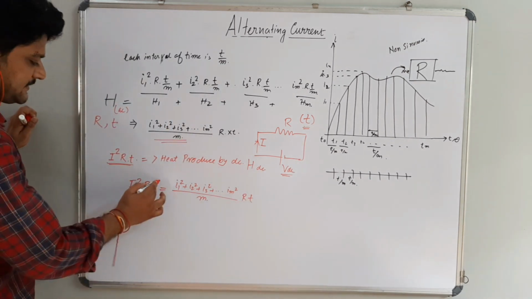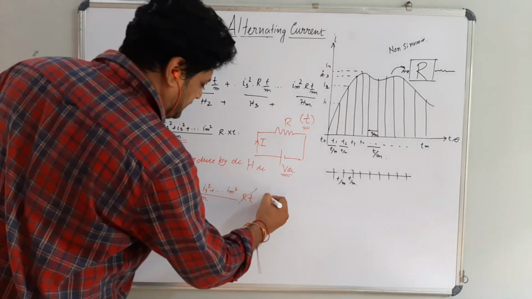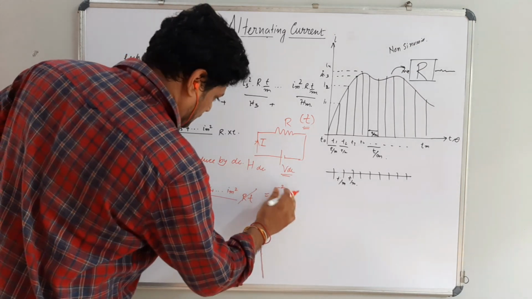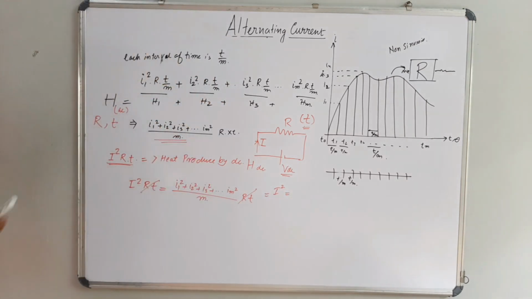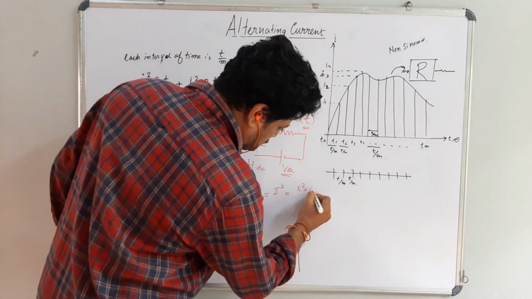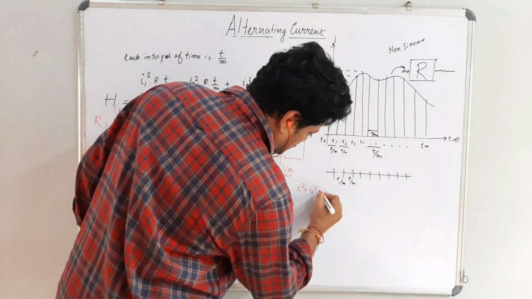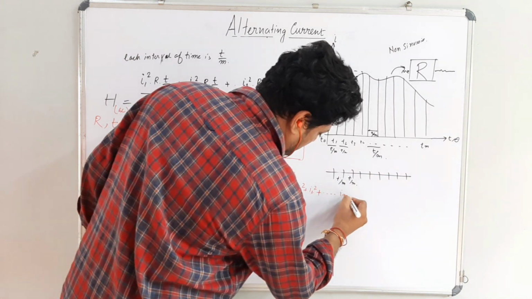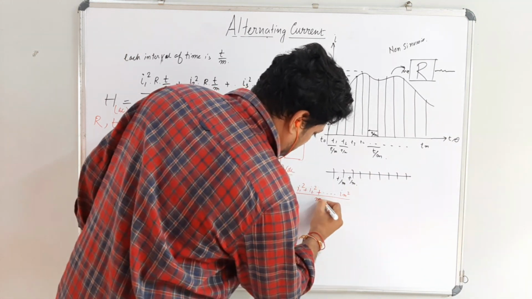We can cancel RT and RT, then we can write that I square is equal to (I1 square plus I2 square plus dot dot dot IM square) by M.